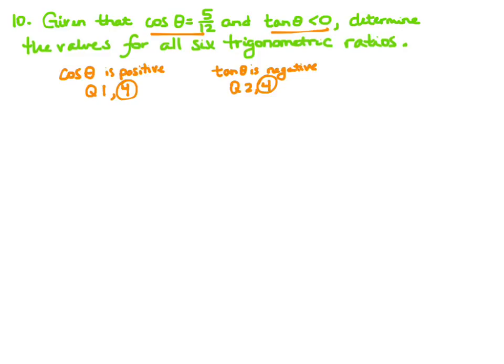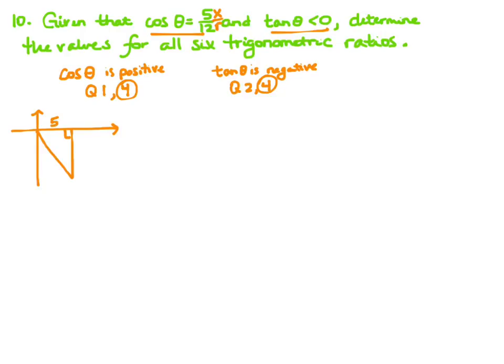So I'm going to draw my reference triangle in quadrant 4. There we go. And the information that I had is that cosine theta is 5/12. And that means that 5 is my x and 12 is my r, because cosine is x over r.